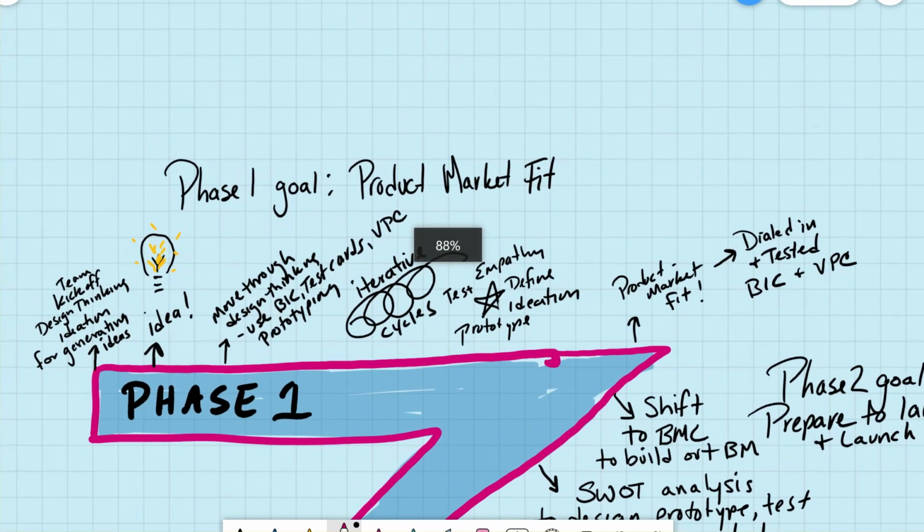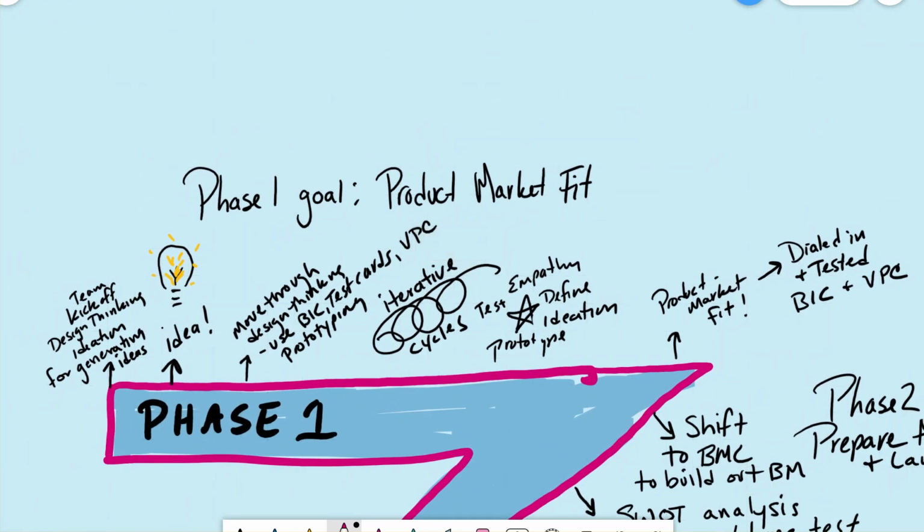So in phase 1, you have a particular goal, and that's to gain product market fit. This could be product or service market fit. Product and service market fit means that you have a fit between the customer's desired gains, or the things they have pain about where they would like that relieved, and the offering that you're actually providing.